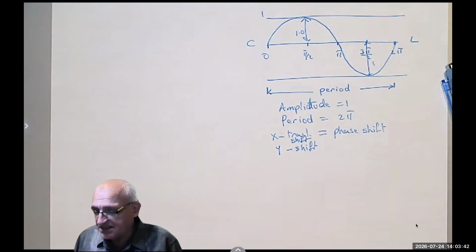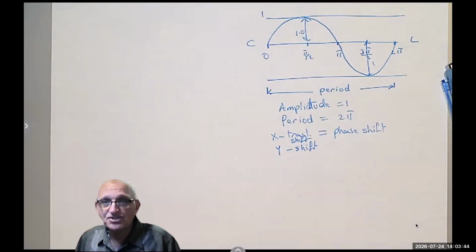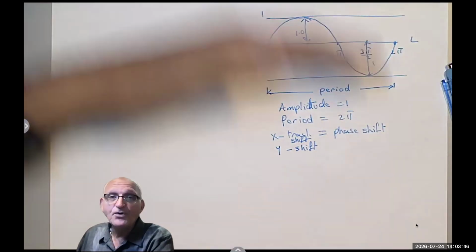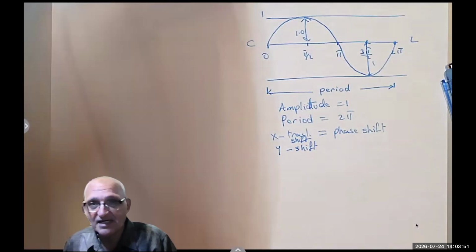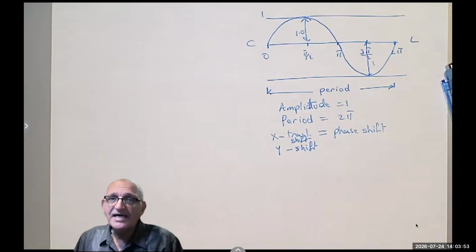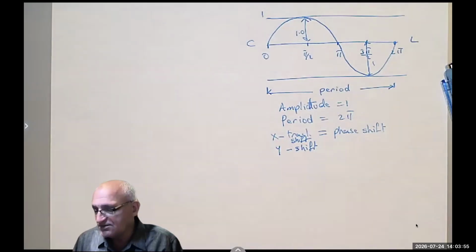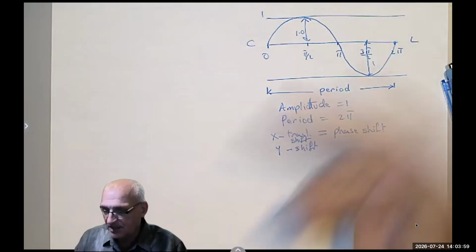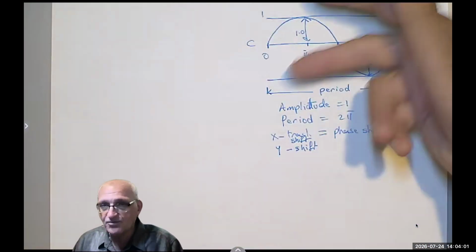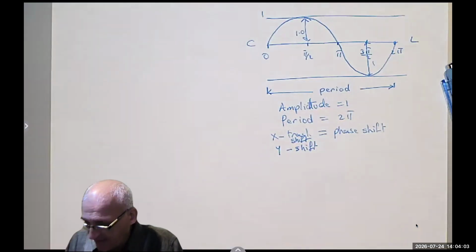The graph can be stretched or shrunk in both directions. So there is an x shrinking or dilation and y dilation like any graph. And of course, you can reflect it. If you have a negative x, it would reflect about the y-axis. If you have a negative y, it would reflect over the x-axis.